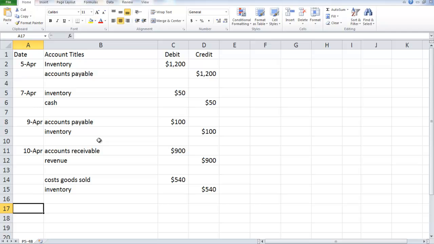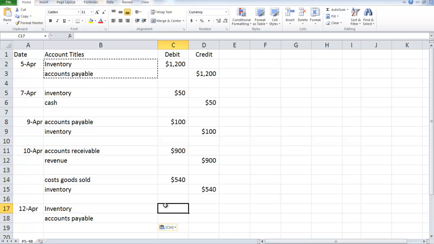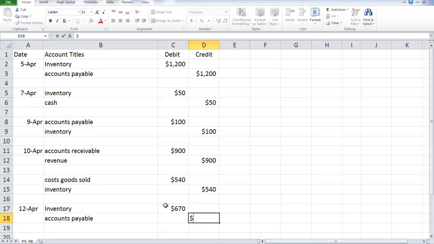Then on the 12th, they made another purchase. It said golf shirts and other accessories on account for $670. So we have our same transaction that we have on the 5th, except for the difference, which was $670. Okay.